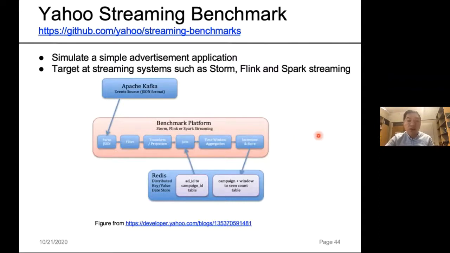And recently it has been pointed out that Redis could be the bottleneck rather than the streaming processing. So this might be an issue for this streaming benchmark.